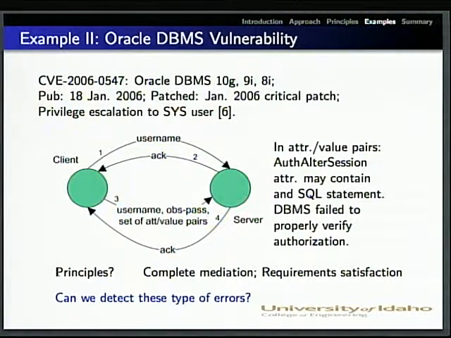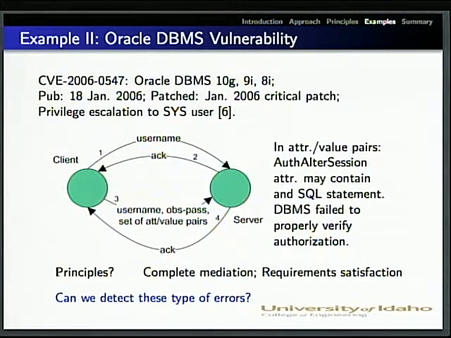So the question is, can we detect these types of errors? We talked about the earlier error, saying that given the state of the practice and the state of the tools we have, that was an error that we can currently detect. But not all errors are that simple. Actually, most of them are not. Can we detect an error like this one?